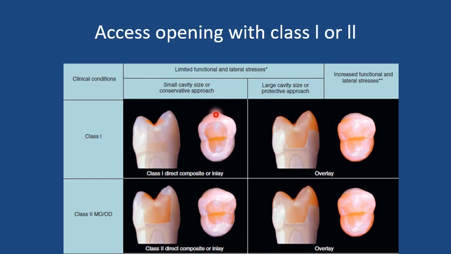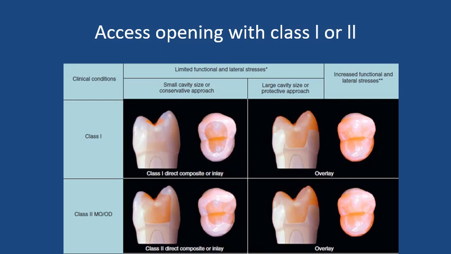But if we have a large cavity where the walls of the cavity are less than 1 millimeter thick, we have to protect the cusp. So the treatment of choice is the overlay, especially when we have increased functional or lateral stresses.